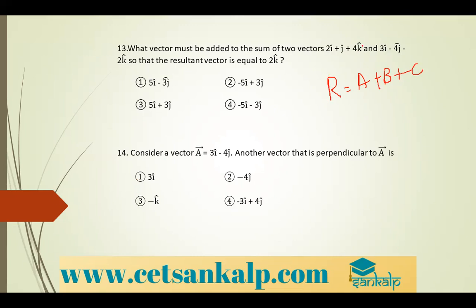So let us write it: 2k cap is equal to 2i plus j plus 4k cap plus 3i cap minus 4j cap plus 2k cap.